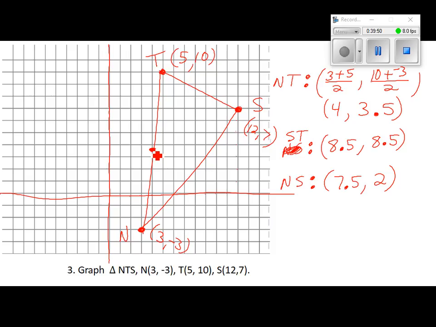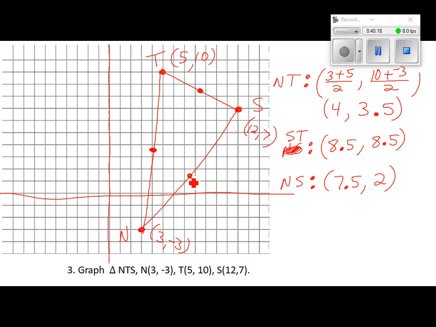Go out a half, then you go up 1, 2, 3, 4, 5, 6, 7, 8.5. So that one's gonna fall right in the middle of that box right there. 1, 2, 3, 4, 5, 6, 7.5, up 2, 1, 2. Somewhere about in there. All three of those look like they're midpoints of those three sides.